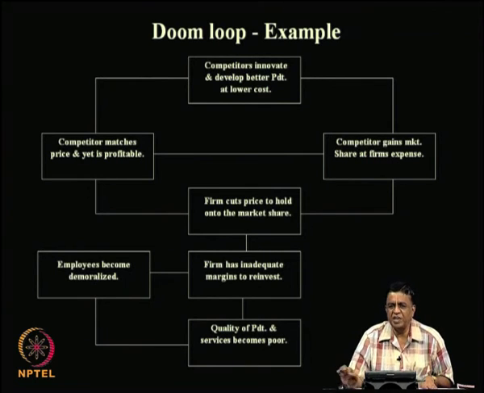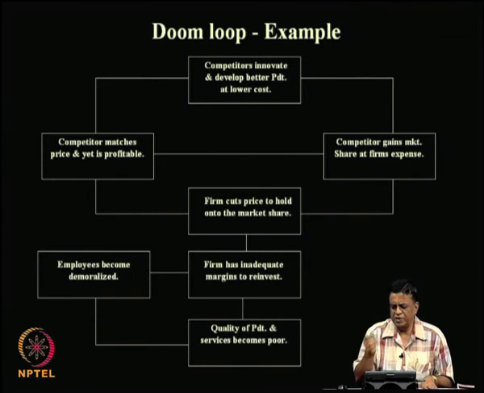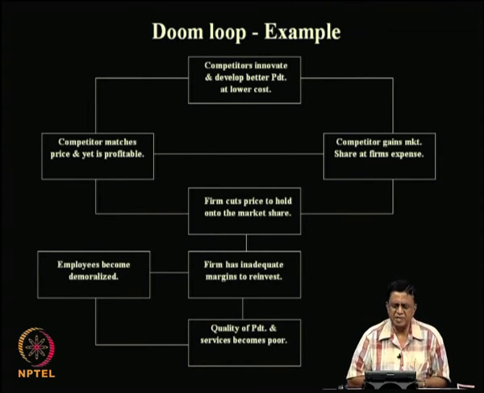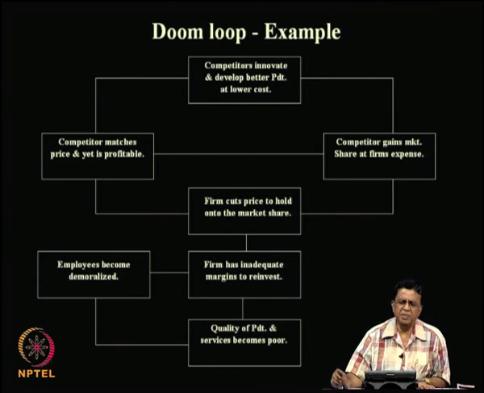So, when this type of doom loop starts coming in, the quality of the product and the services becomes poor. The best example for this doom loop exercise: many of the public sector units have gone into this doom loop, not able to match the private sector.